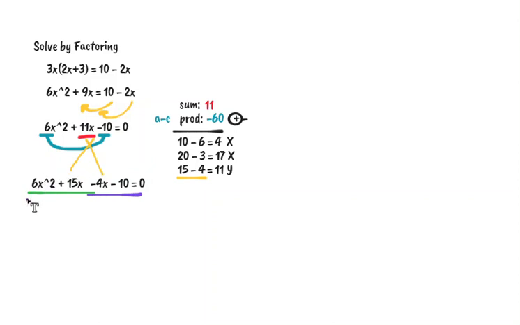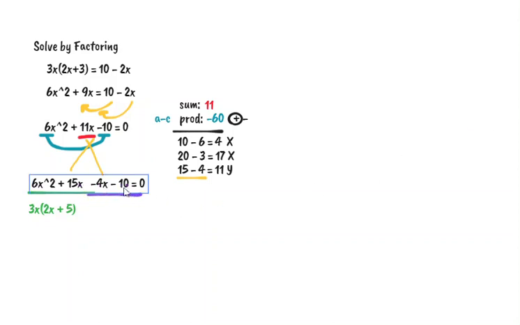So in the 6x squared and the 15x, I know that I can divide both 6 and 15 by 3, and also these terms both have an x, so we'll be pulling out 3x. When I divide 3x out of the 6x squared, 2 and an x will be left, and when I divide 3x out of 15, the 5 will be left. I've taken the x out, so there are no x's left.